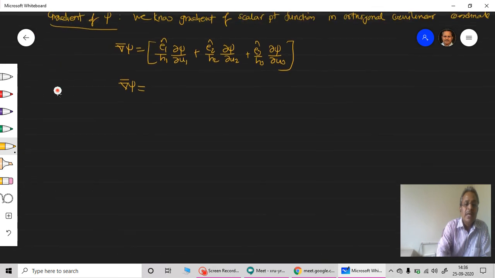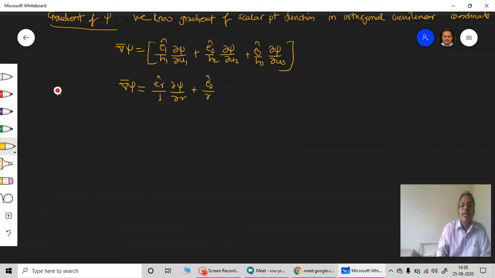So replace them there and get grad psi in the spherical polar coordinate system. So here it is: er cap divided by 1 into delta psi upon delta r, this is my first term, plus second term is e theta cap upon r, H2 is r, into delta psi upon delta theta, and last term is e phi cap upon r sin theta into delta psi upon delta phi.